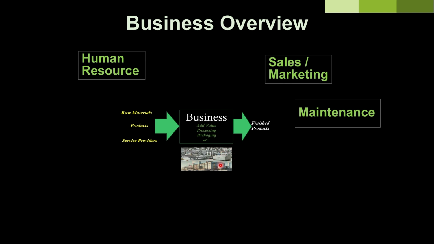Because of this maintenance activity, you need to have a maintenance department. And this maintenance department will be saddled with the responsibility of ensuring that there are no unexpected breakdowns for these machines or for these facilities, in order to enable continuous availability of products all the time. So maintenance is also key in terms of function, especially if the model of the business is that of production.